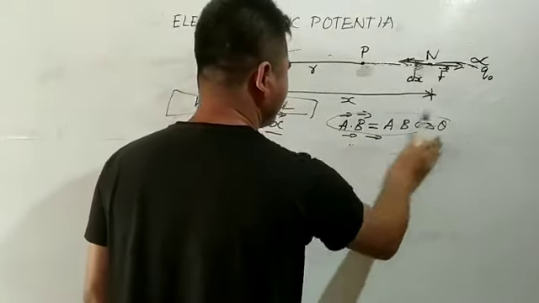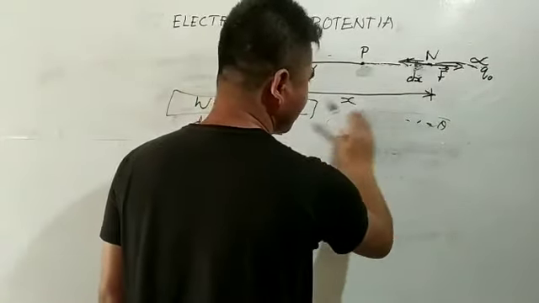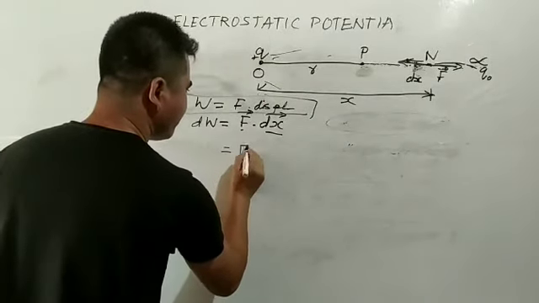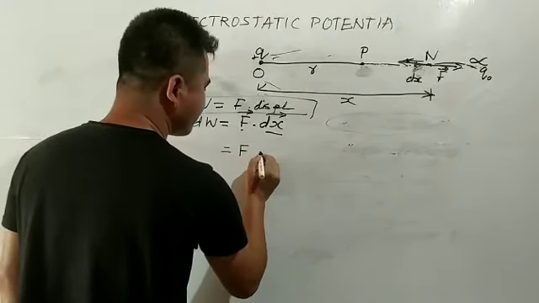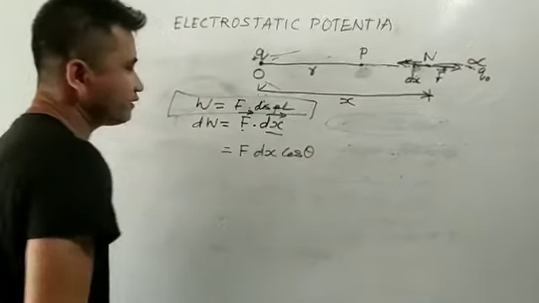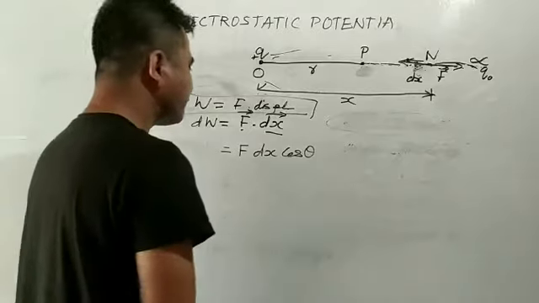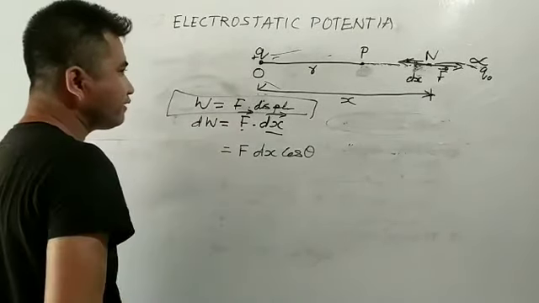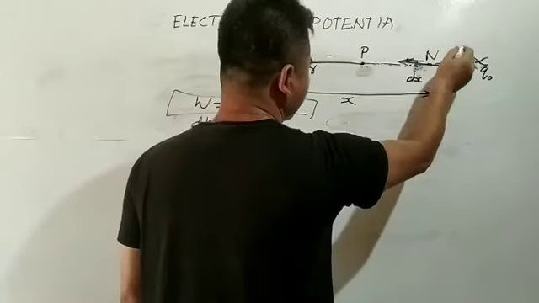That means F dot dx will be F dx cos theta. What is theta here? Theta is the angle between F and dx.